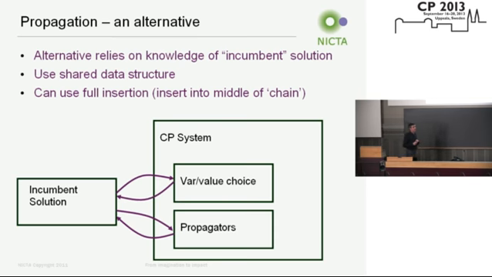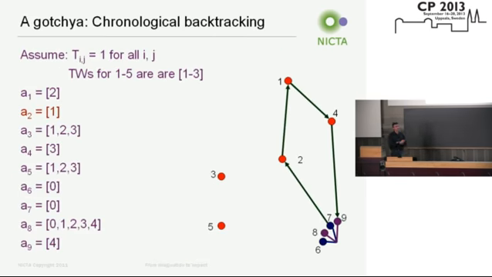Now this actually breaks one of the fundamental assumptions of CP. Usually CP variables only communicate via the values in their domains. In this case, we've got this idea of an incumbent solution that's also going to inform these choices. But the result is that you get to do a much richer set of building techniques.